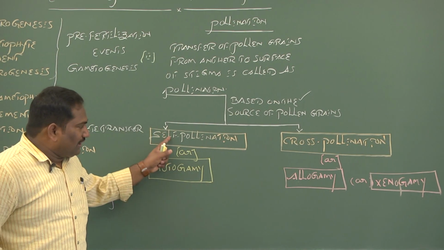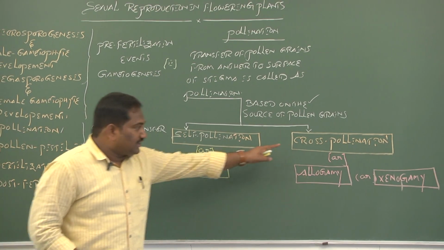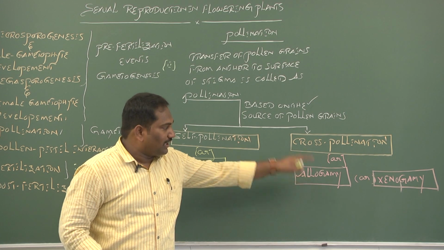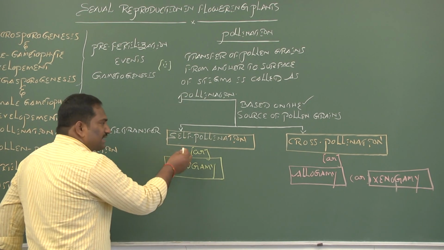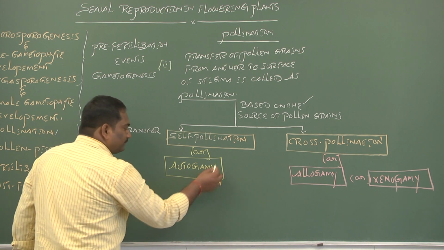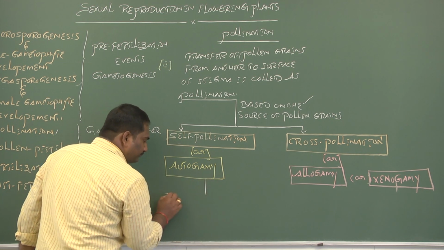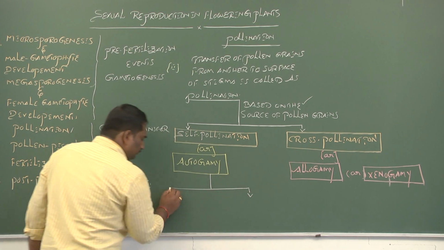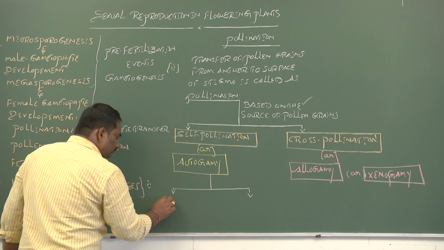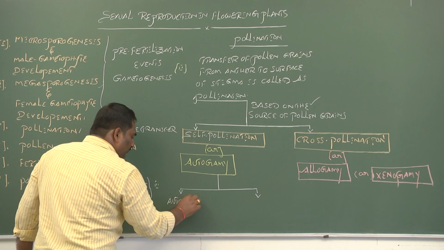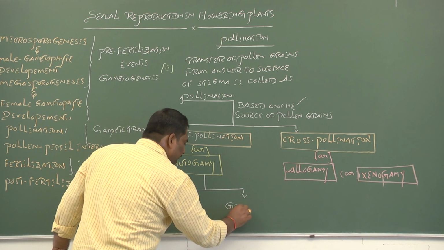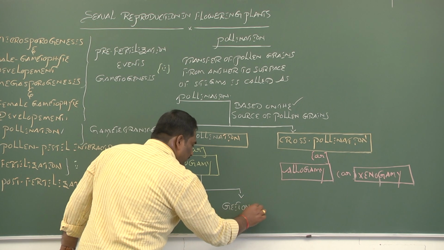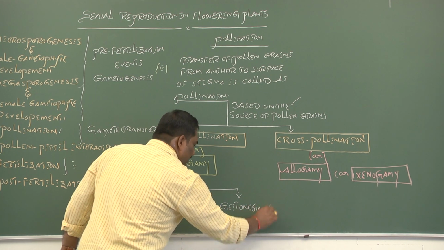What is self-pollination or autogamy? What is cross-pollination or allogamy, also called xenogamy? Generally, self-pollination is of two types: autogamy and geitonogamy.